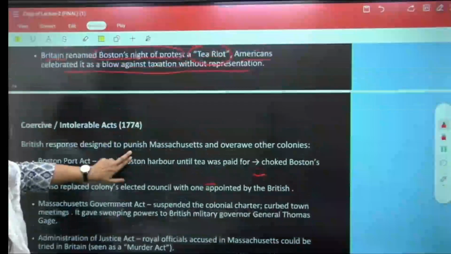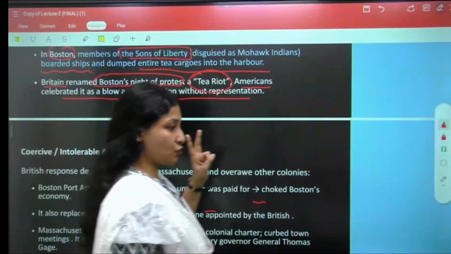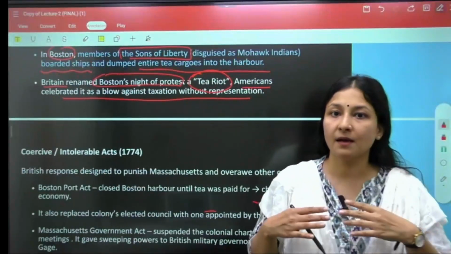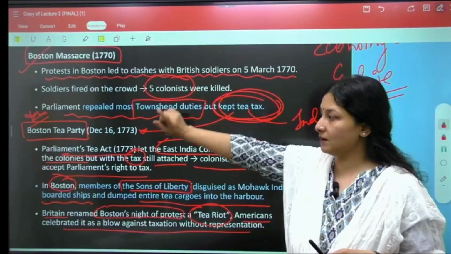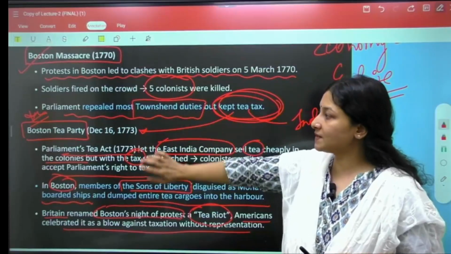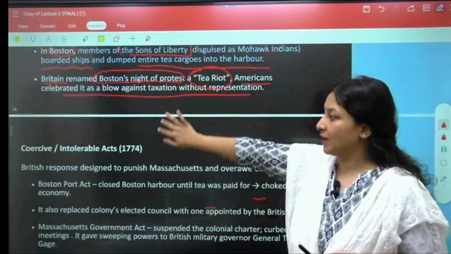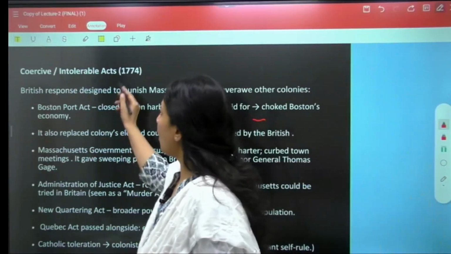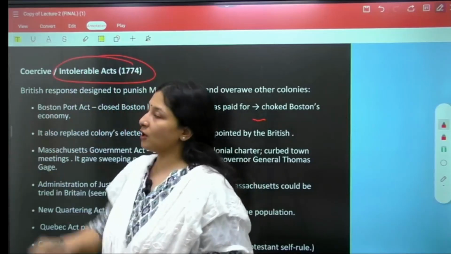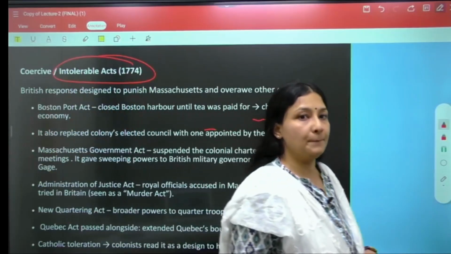Now, in the context of these two incidents, the first Boston Massacre and the second Boston Tea Party, this leads to the passage of some of the Intolerable Acts by the British.